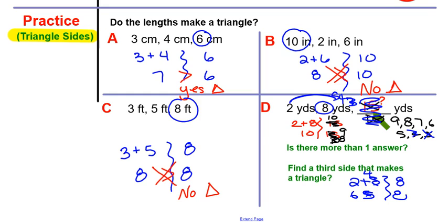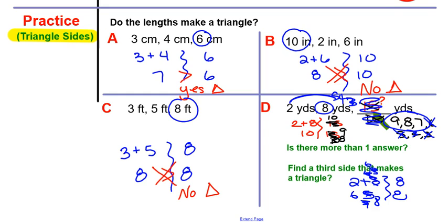Could it be a 5? Is 2 plus 5 more than 8? Nope. Could it be a 6? Is 2 plus 6 more than 8? No, in fact, it's equal to 8. So the only numbers I have are 9, 8, and 7. And actually, I have to include all of the numbers in between there. So there's a whole range of numbers that the third side could be.